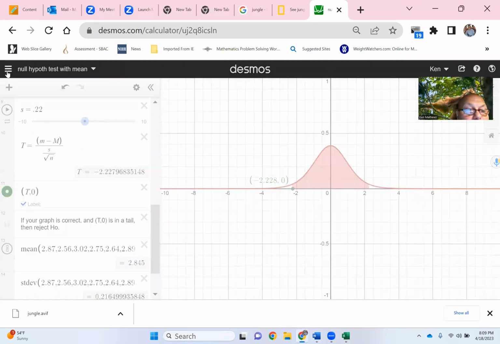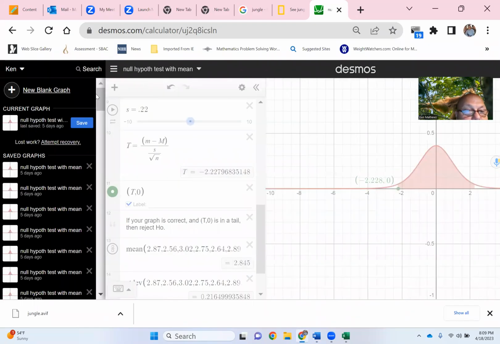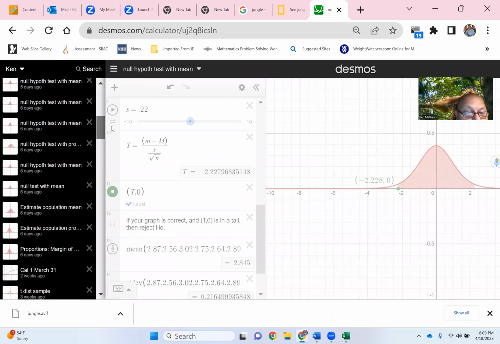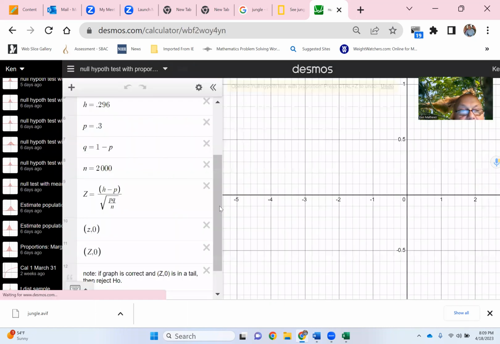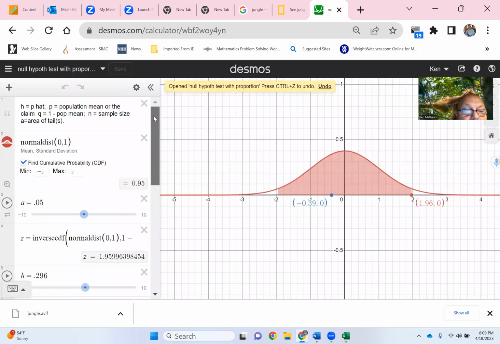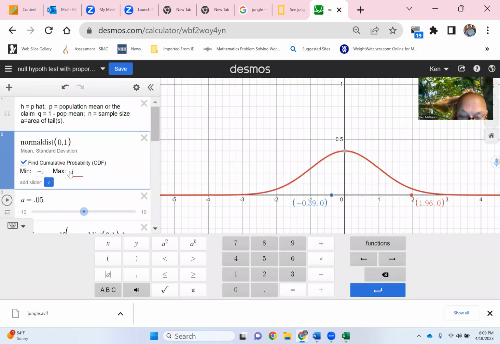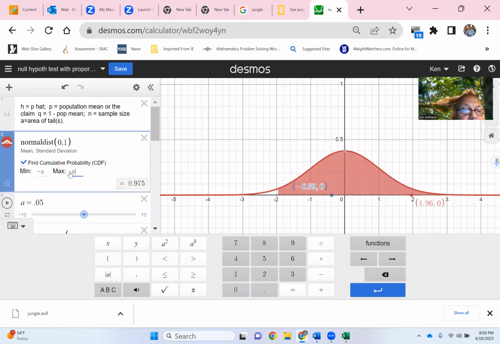Now we're going to do the null hypothesis with proportion. Open that. Okay. So it's normal distribution and it's left tail. So we're going to have negative z over here and infinity over here.